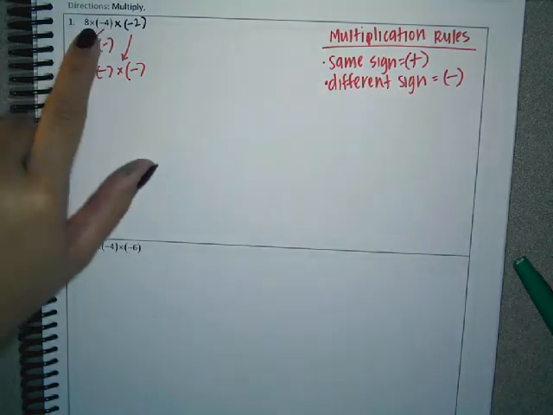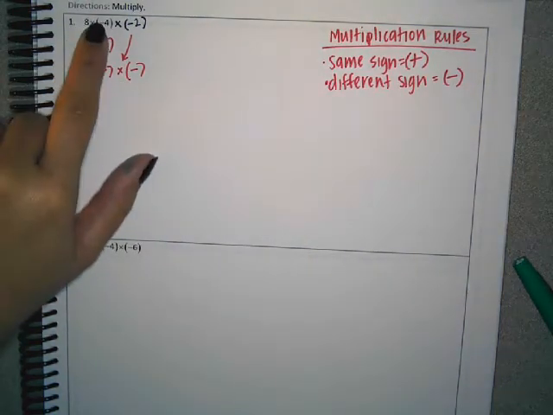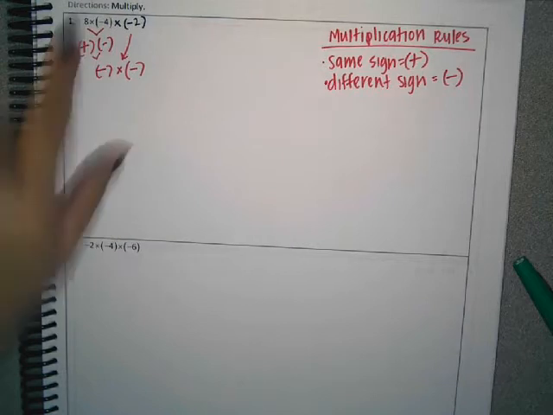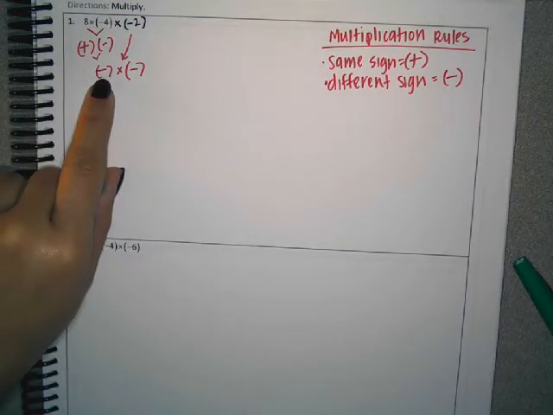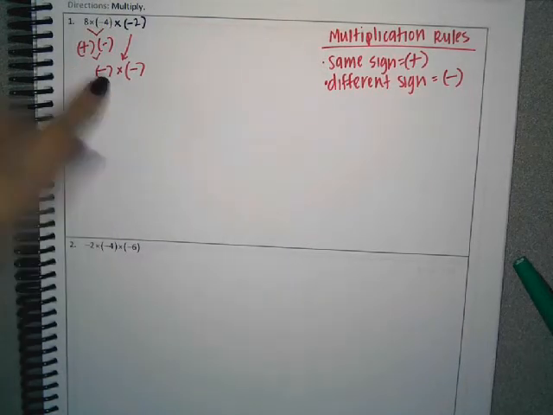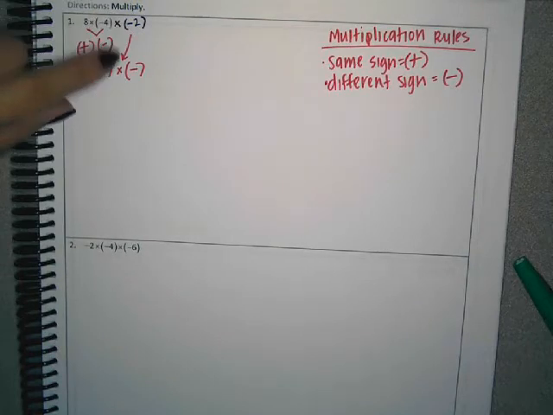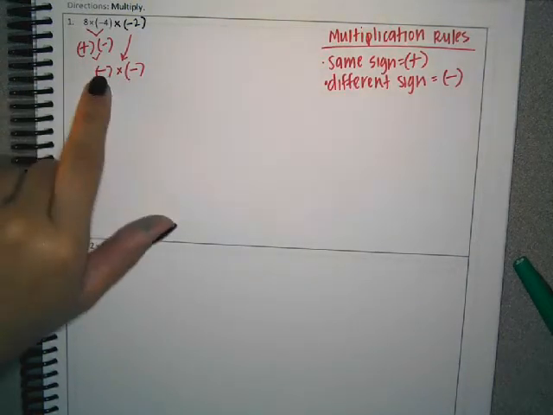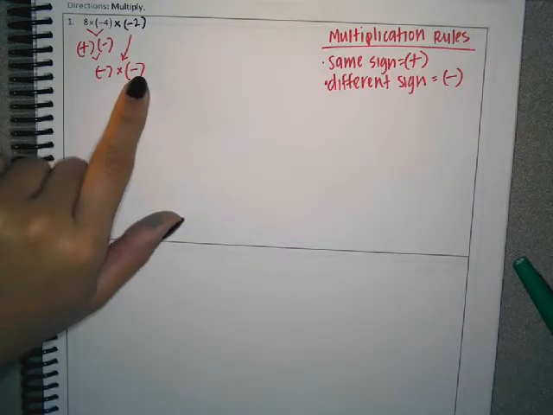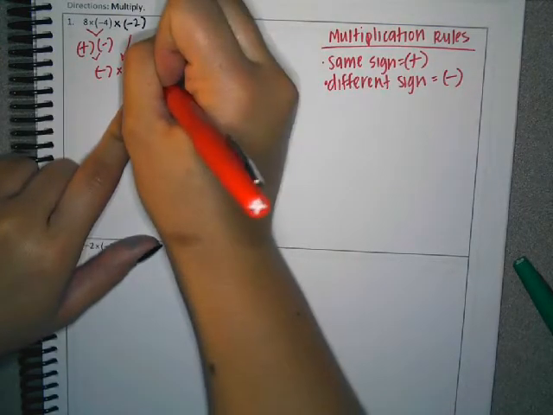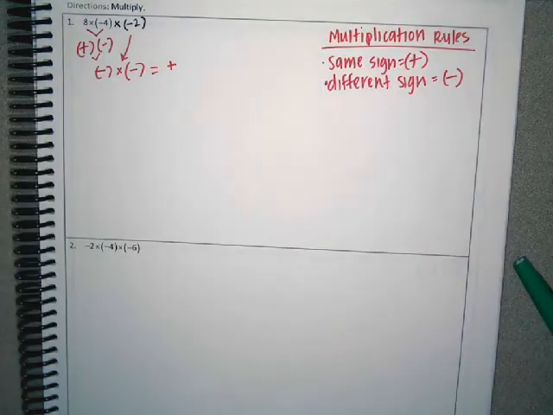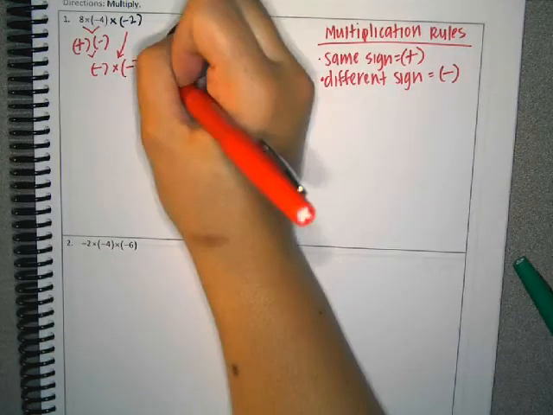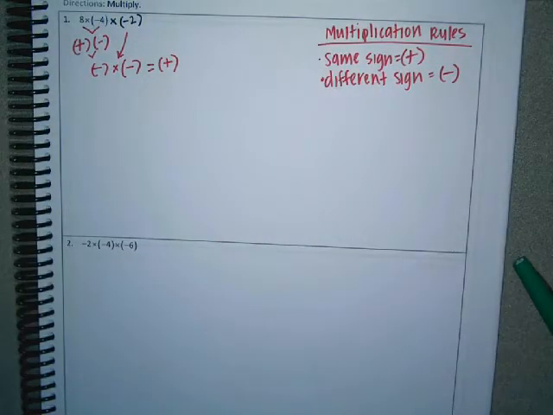So I know we have a positive times a negative, and that gave me a negative answer. Then I brought down my times a negative, so now I have a negative times a negative. Same sign, so that's going to give me a positive answer. So my answer should end up being positive.